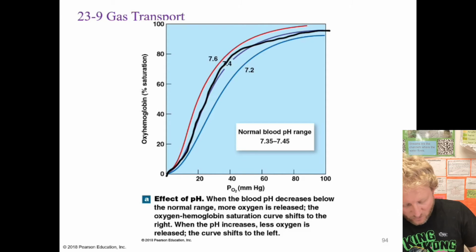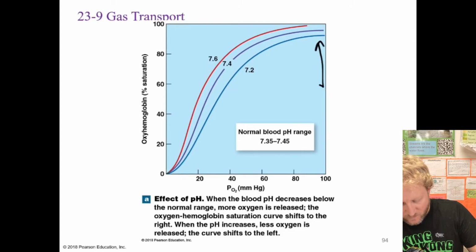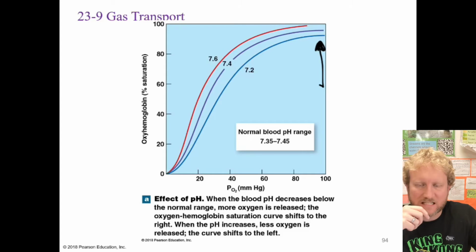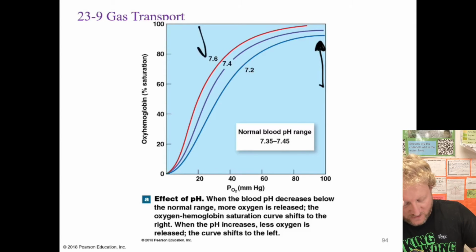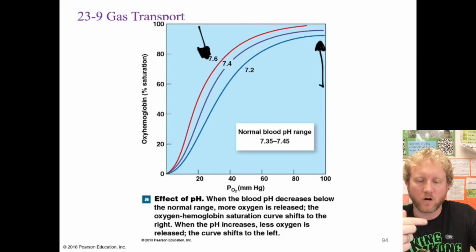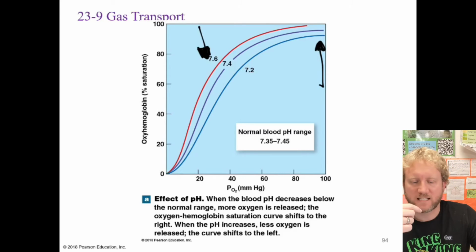And so you're able to hold less oxygen. Basically, if you increase the pH and or decrease the temperature, you're able to hold more oxygen, so your percent saturation is higher. Okay.